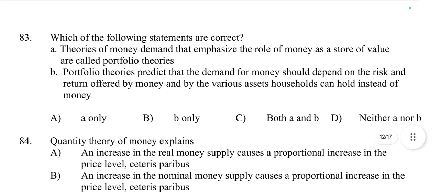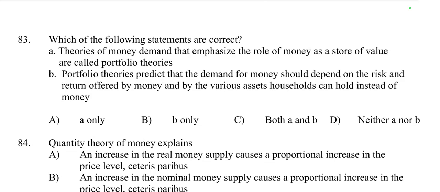Then question number 83: which of the following statements are correct? First one: theories of money demand that emphasize the role of money as a store of value are called portfolio theories. This is right.